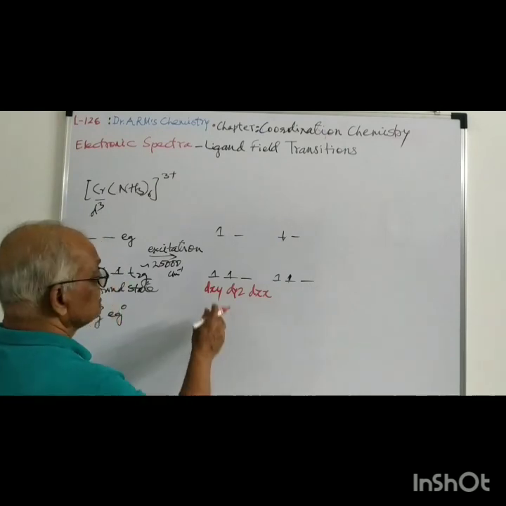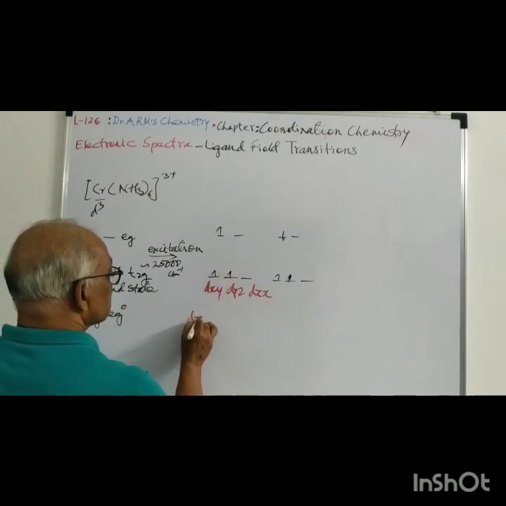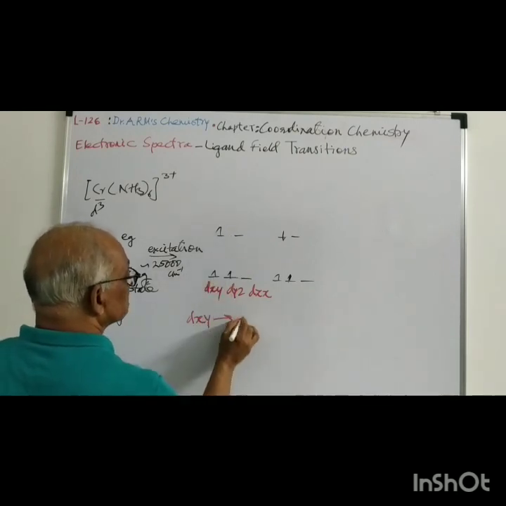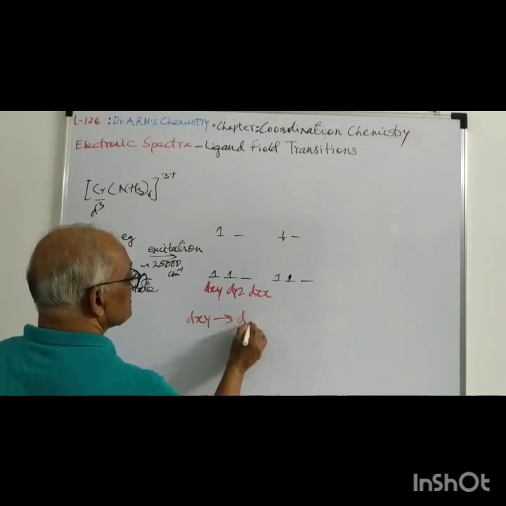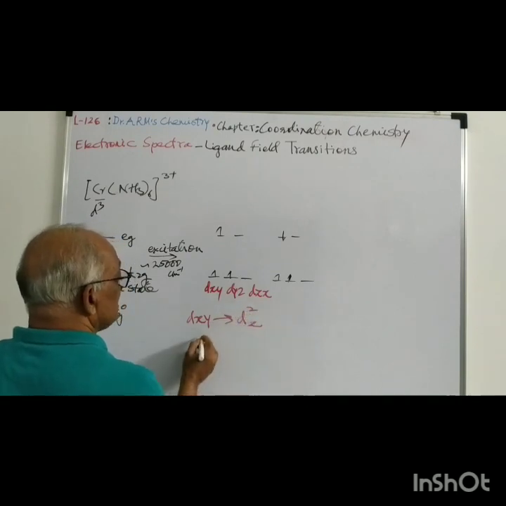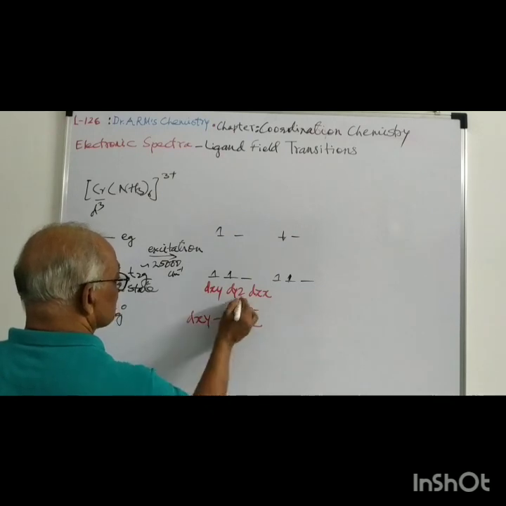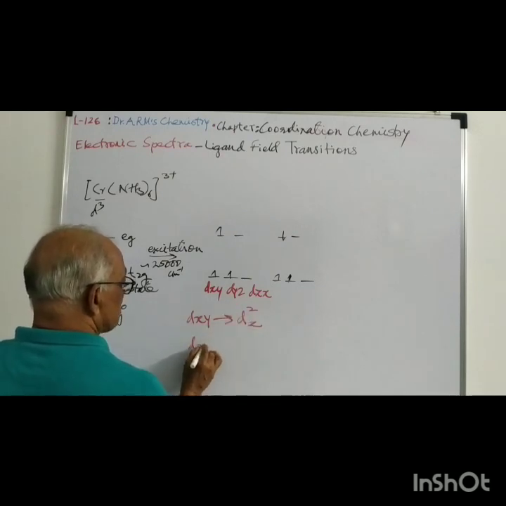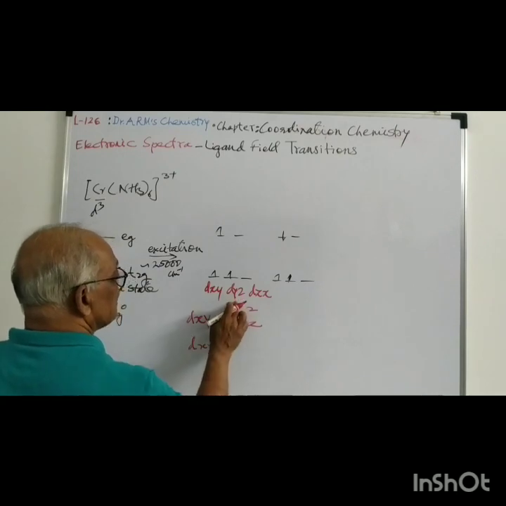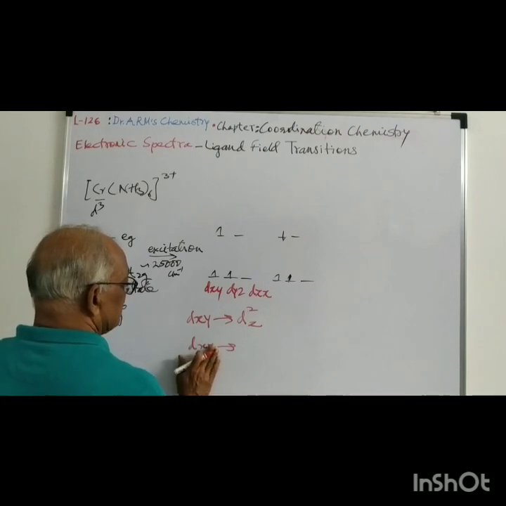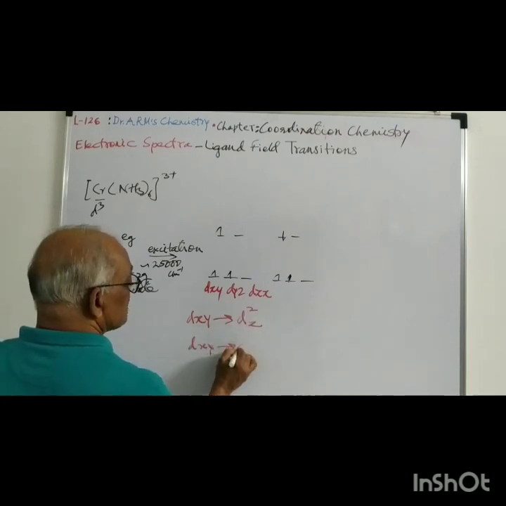The excitation of an electron may take place from the dxy orbital to dz2, or dxy can also move its electron to dx2-y2.